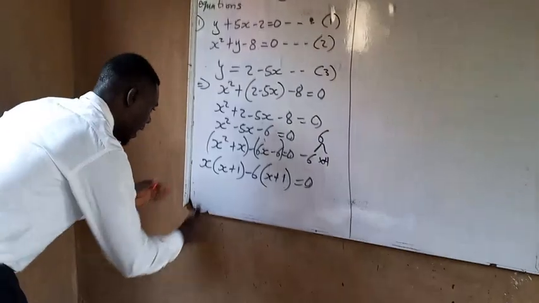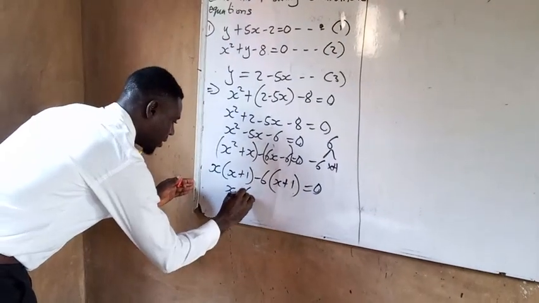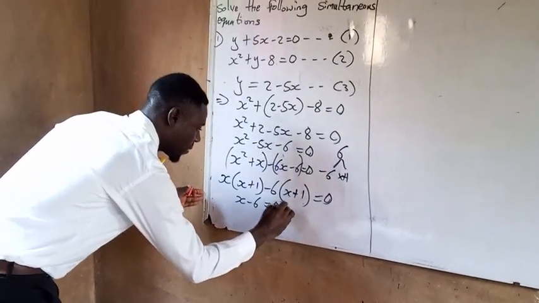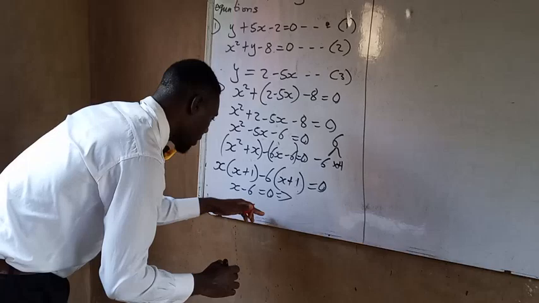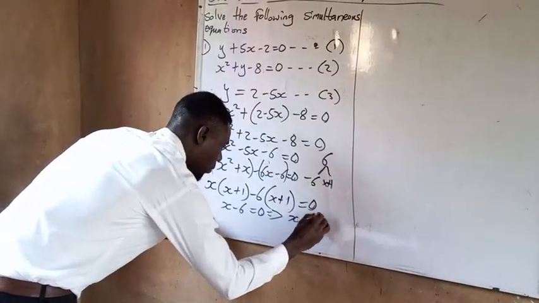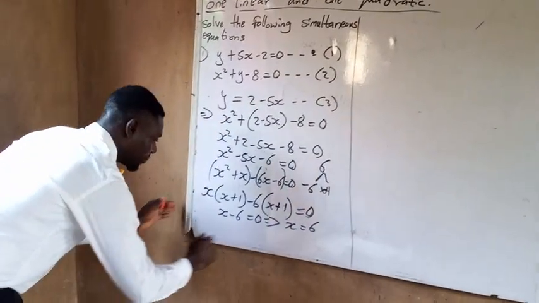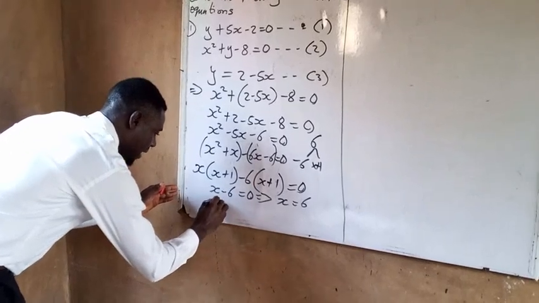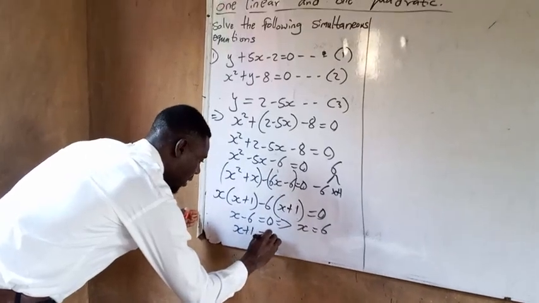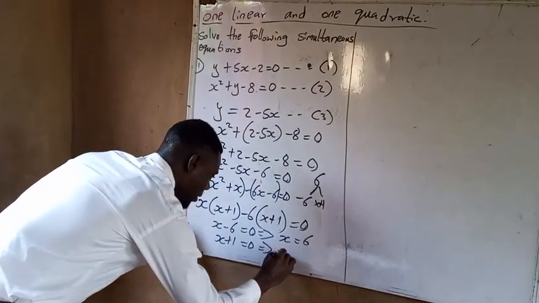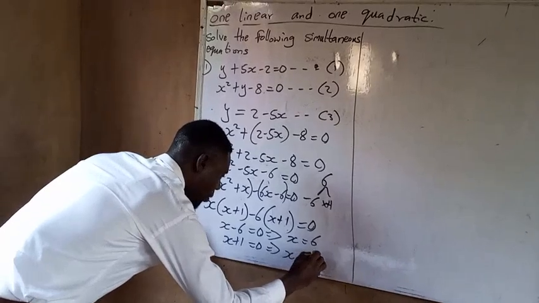Now bring out what is outside. You have x minus 6 equals 0, which implies that you take this 6 to the other side and you have x is equal to 6. Now let's bring what is inside out. Inside, we have x plus 1 equals 0, which implies that x is equal to minus 1.